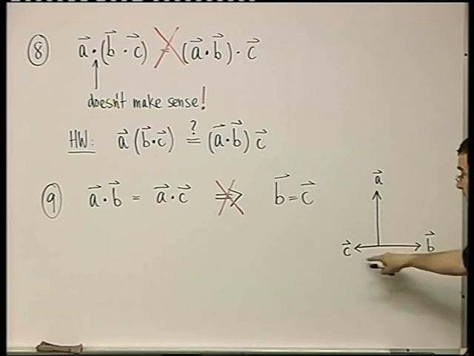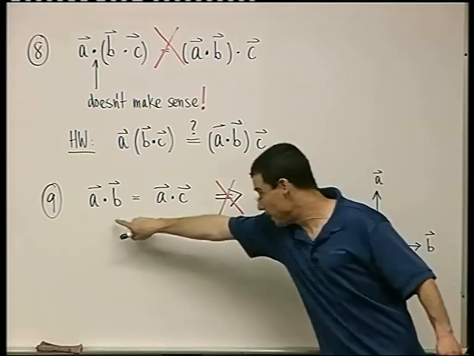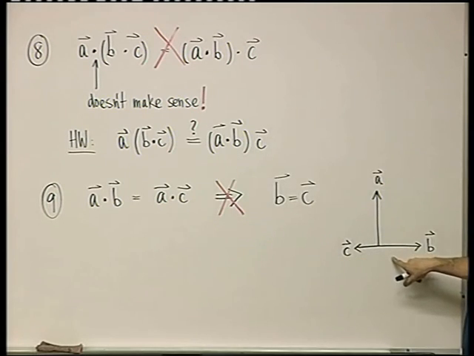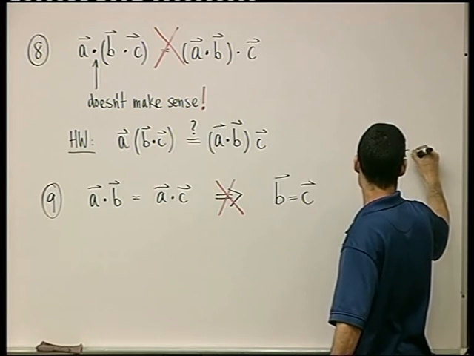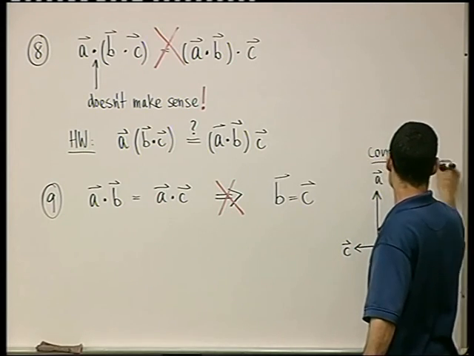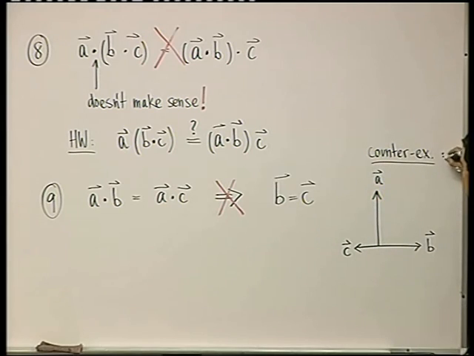Likewise, A dot C is also 0. So A dot B equals A dot C for this picture. Do you agree? However, B is not the same as C. They're not the same length and they're not even in the same direction. Do you agree? Okay, so this is a counterexample. Clear?